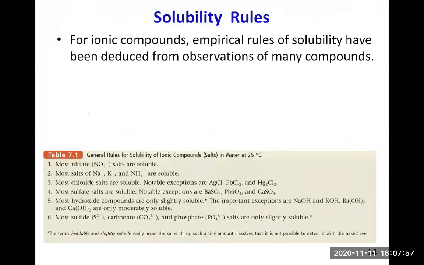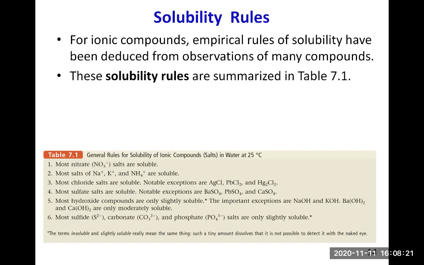For this, we need solubility rules. For ionic compounds, empirical rules of solubility have been deduced from observations of many compounds. Empirical rules means that they come only from observations; there is nothing that can allow you to predict that. You have to use those solubility rules.